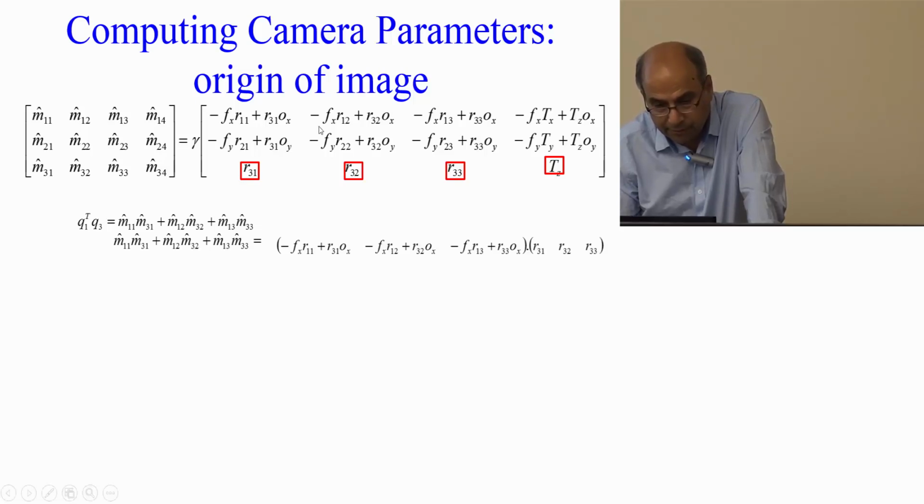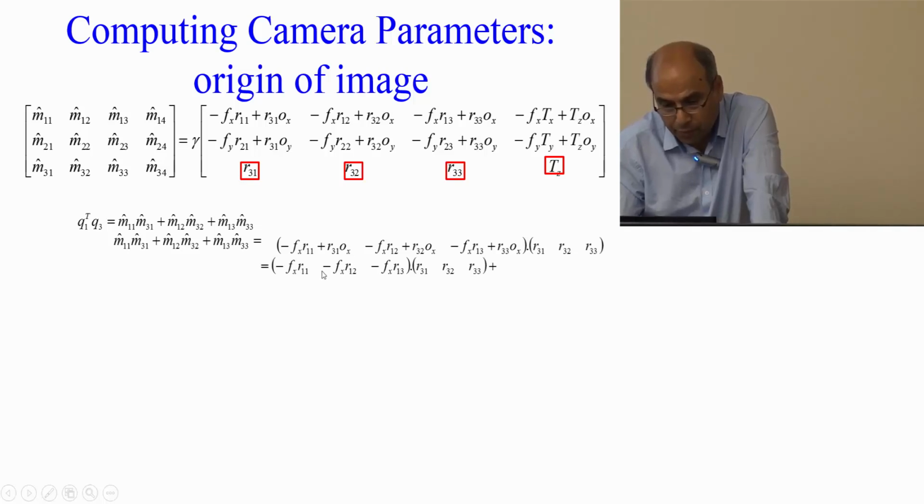So this is the first row, the 3 terms which are shown here, and Q3 is here, R31, R32, R33, which is this one. So you want to find the dot product of 2 vectors, which means this multiplied by this, and this multiplied by this, and this has 2 terms, so we'll have 2 terms like that.